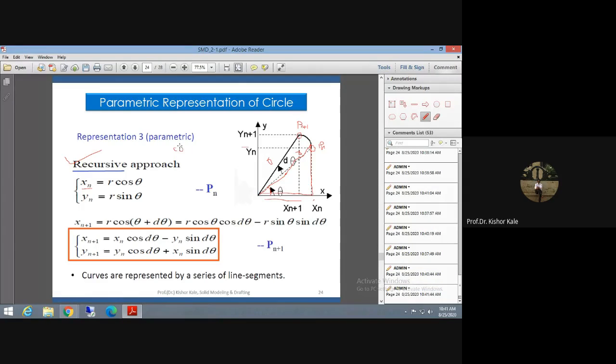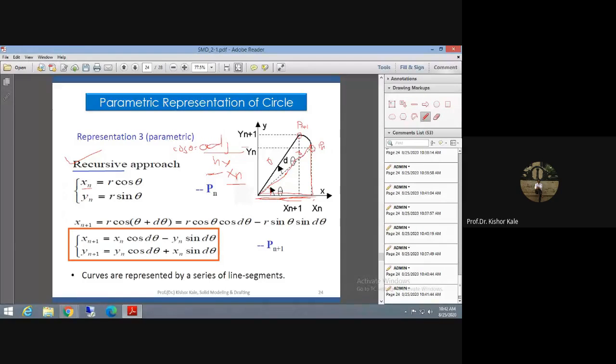Cos theta equals adjacent upon hypotenuse, as you have learned. What is adjacent here? Adjacent is this side, this distance is xn. So it will be xn divided by the hypotenuse, which is r.